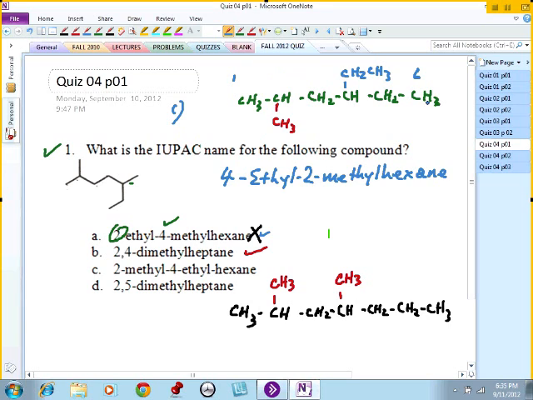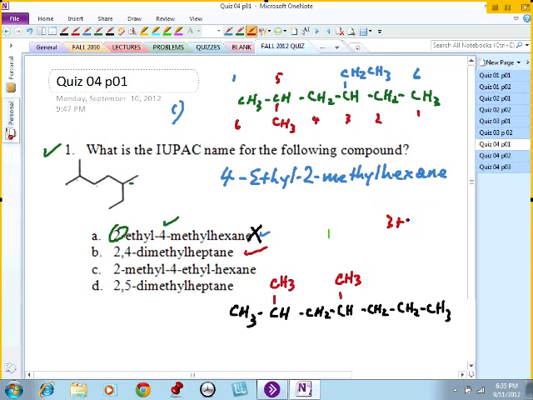Okay, will you start the number from here? In other words, give this number 1. Okay, let's try that. Let's see what happens. Supposing we call this number 1. 1, 2, 3, 4. This is 5 and 6, right? So the branches will be in position 3 and 5.